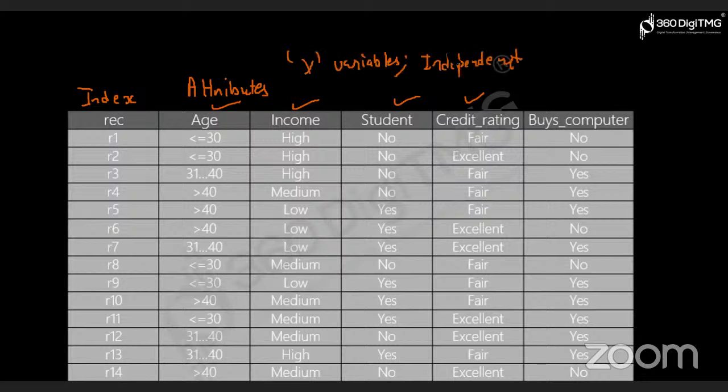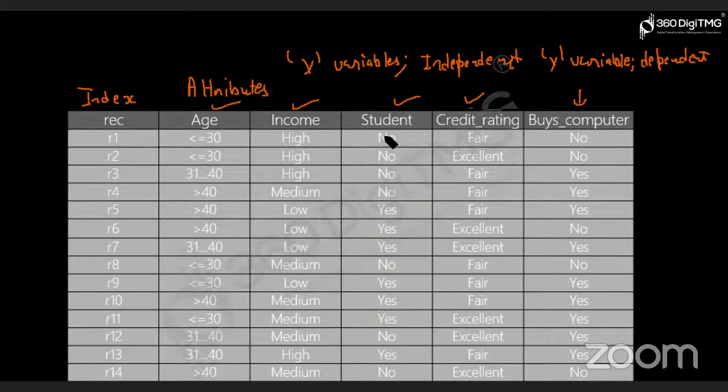That is another basic concept of supervised machine learning that we have covered before. And buys computer is a Y variable, which means it is our dependent variable. This Y depends on all these inputs.